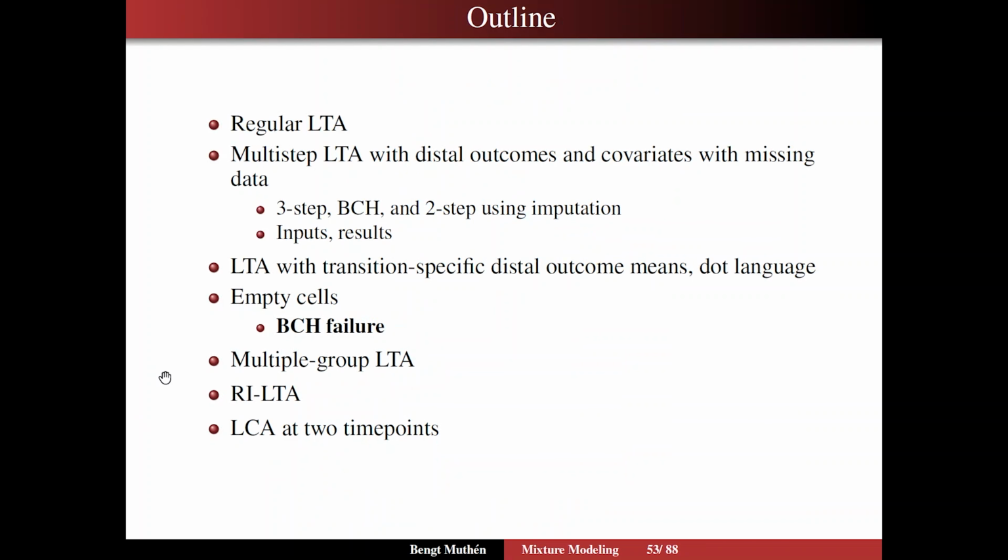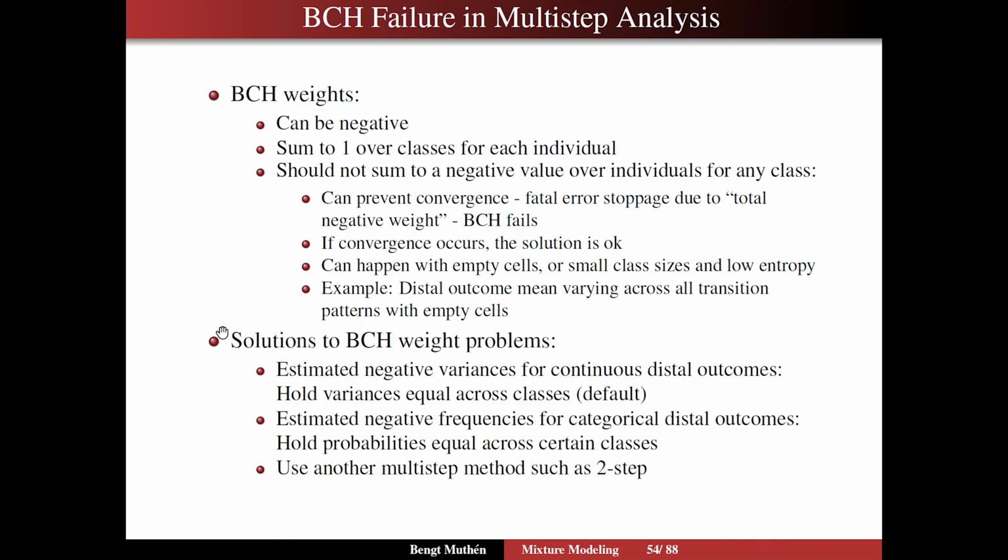Now, this is related then to a topic that's shown here on slide 53 called BCH failure, which can happen with empty cells. So on slide 54 then, I make some statements about BCH weights. They can be negative, and that's fine. They should sum to 1 over class for each individual.